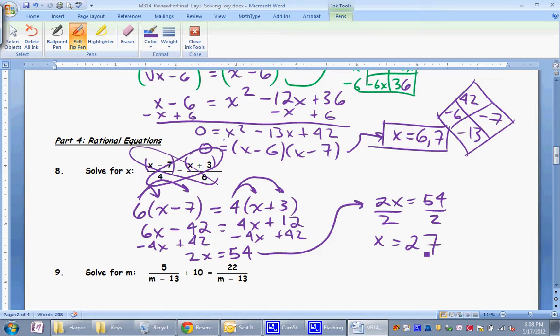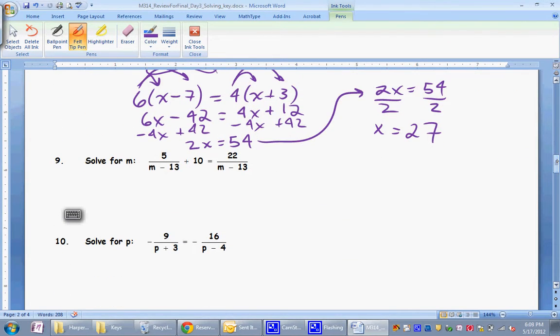Okay, we can move on to the next problem. Now this one, I'm going to rewrite it with a little bit more space involved. I'm going to write 5 over m minus 13, and I'm going to leave some space, plus 10, I'm going to leave some space, equals 22 over m minus 13.